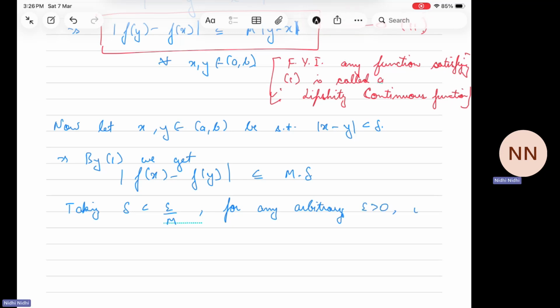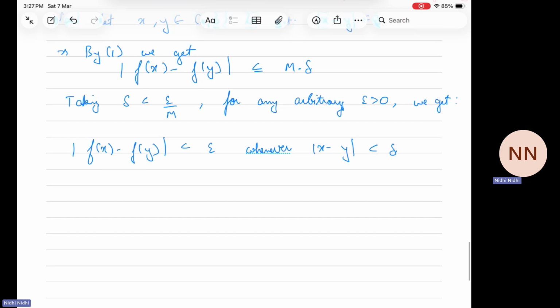positive epsilon, we get |f(x) - f(y)| strictly less than epsilon whenever |x - y| is less than delta, where obviously this delta is depending on epsilon. That gives us the definition of uniform continuity.